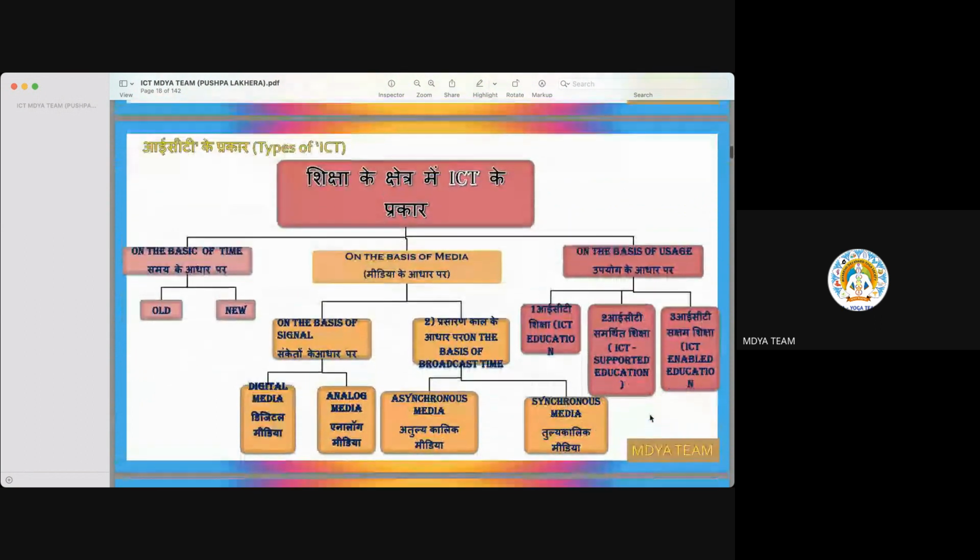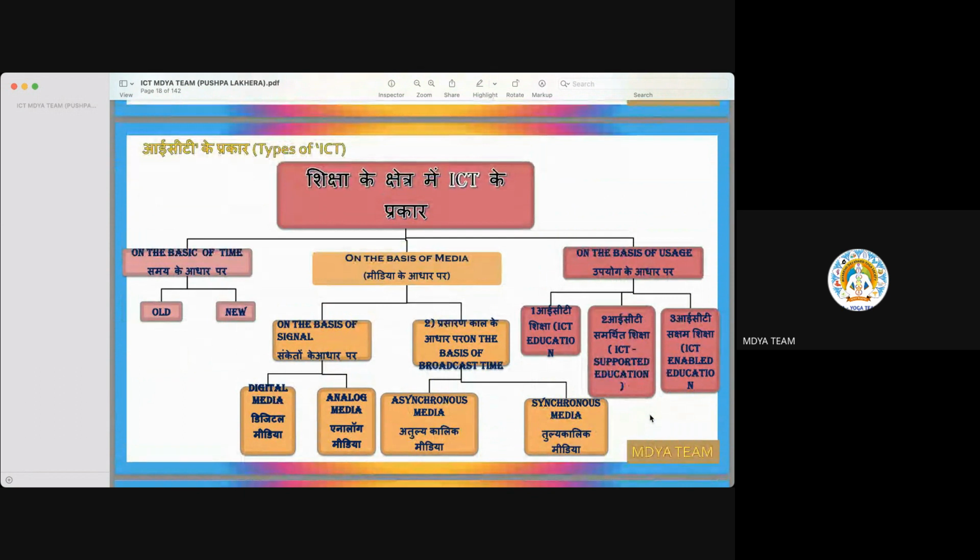Now, the next topic is types of ICT. What are the types of ICT? They are classified broadly on three bases. The first one is on the basis of time. They may ask in your examination, so this is an important one.